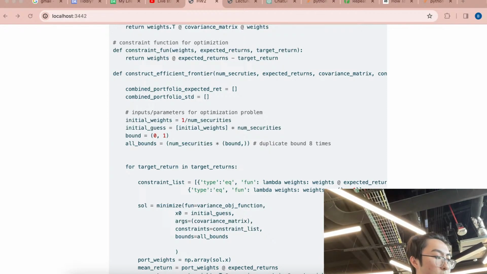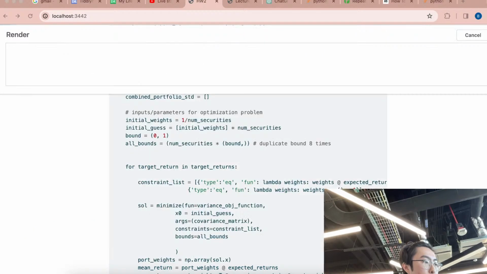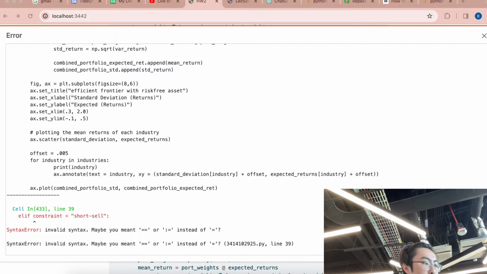So we can just remove the bounds. Python.